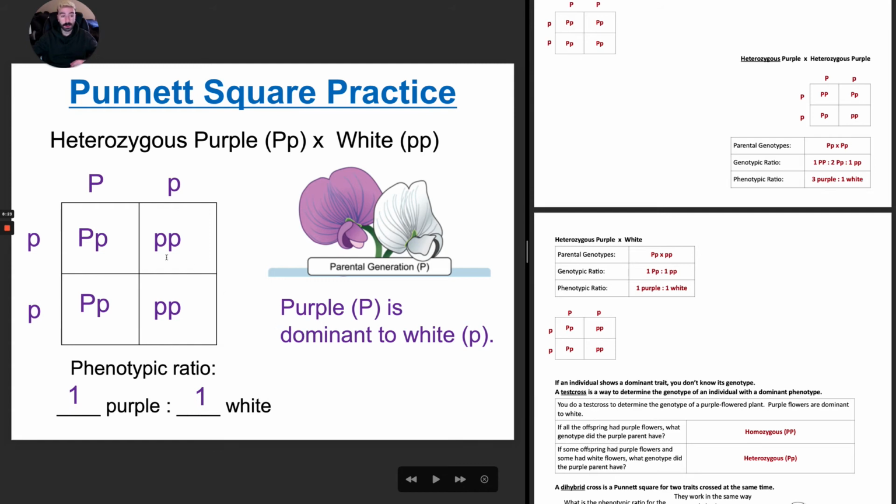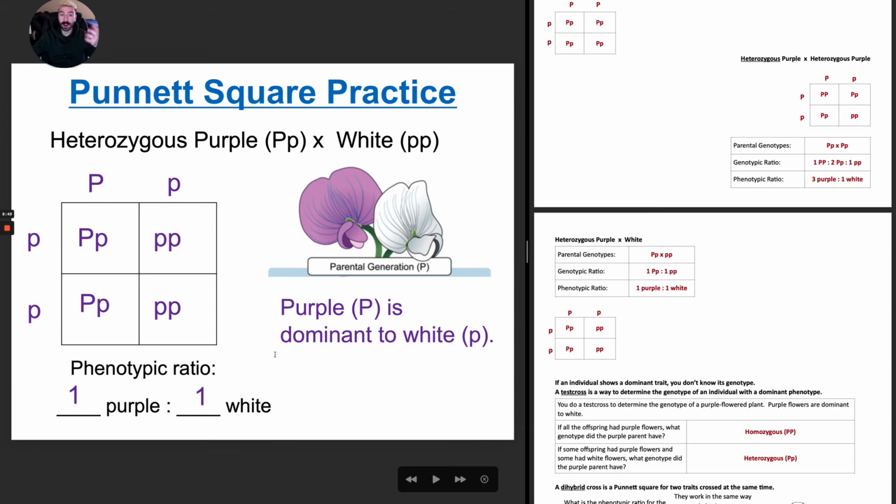And what you end up with is 2 heterozygous offspring and 2 homozygous recessive offspring. So the genotypic ratio would be 2 of big P little p to 2 little p little p. But since it's 2 to 2, we can actually reduce that to just 1 to 1. So the genotypic ratio is 1 big P little p to 1 little p little p.